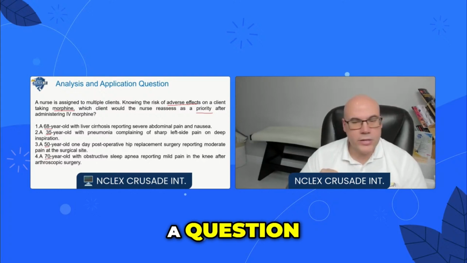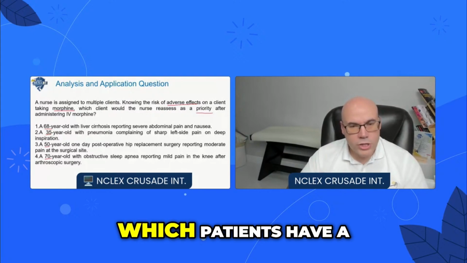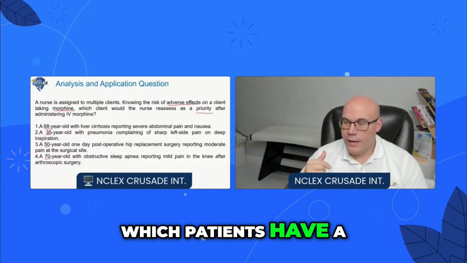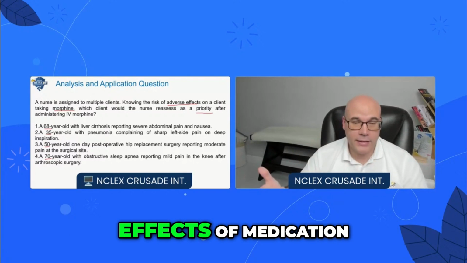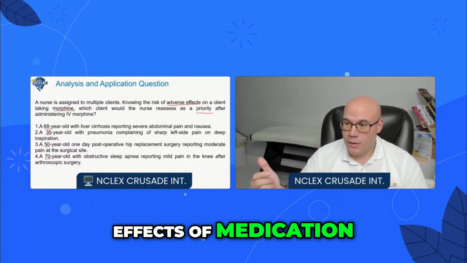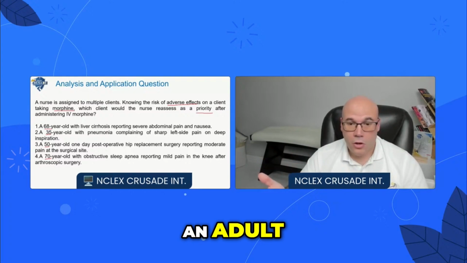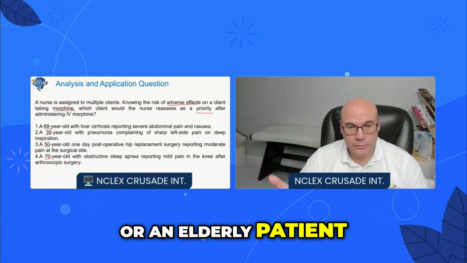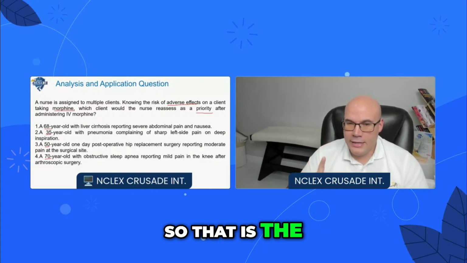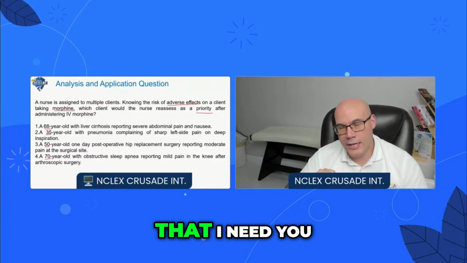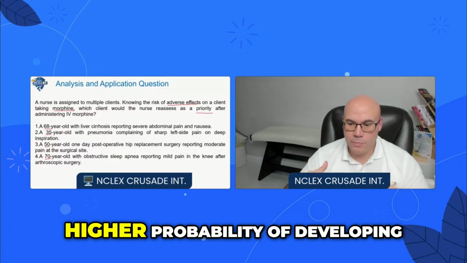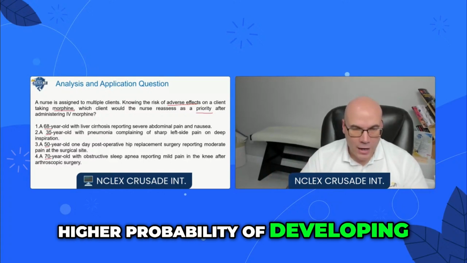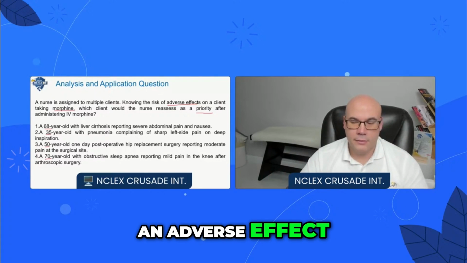So I ask you a question. Which patients have a higher probability of adverse effects of medication? An adult or an elderly patient? So that is the first critical thinking question that I need you to think about. Which patient has a higher probability of developing an adverse effect?